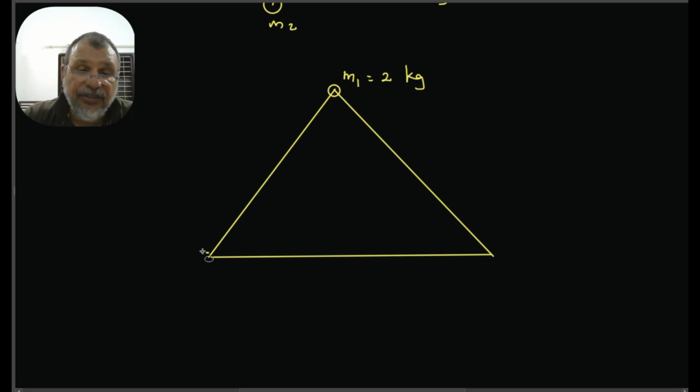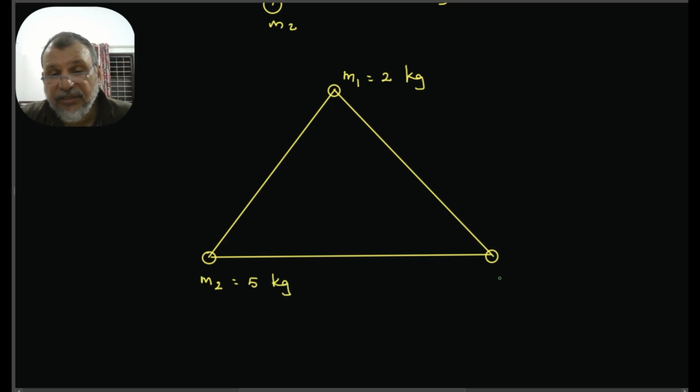So here we have the second body, let's call it M2, and we have a third body, let's call this M3. Let's assume that M2 is 5 kilogram, and this is M3, let's take this also 5 kilogram.